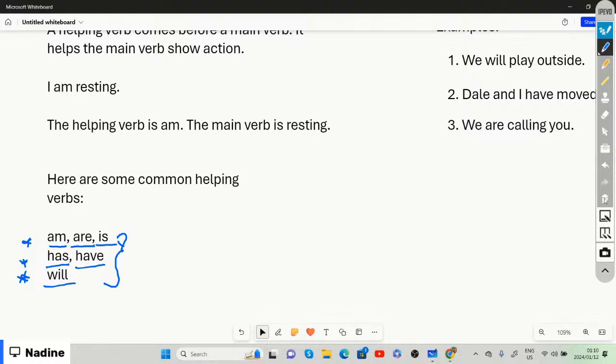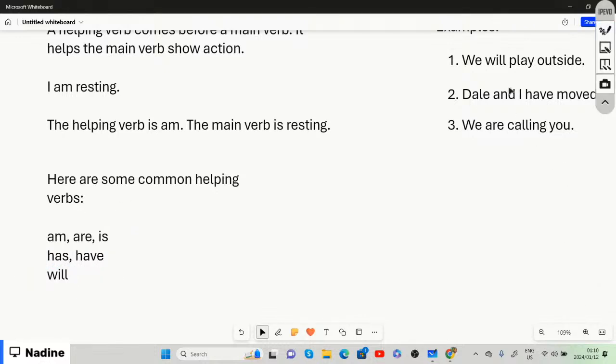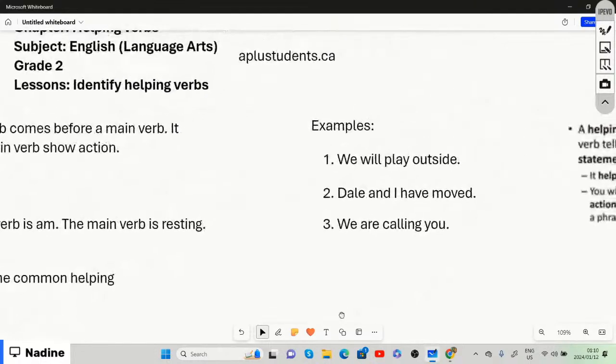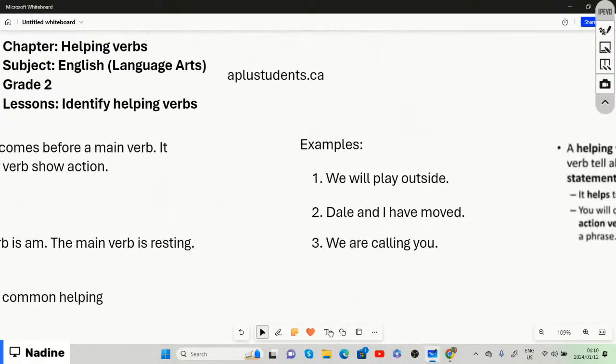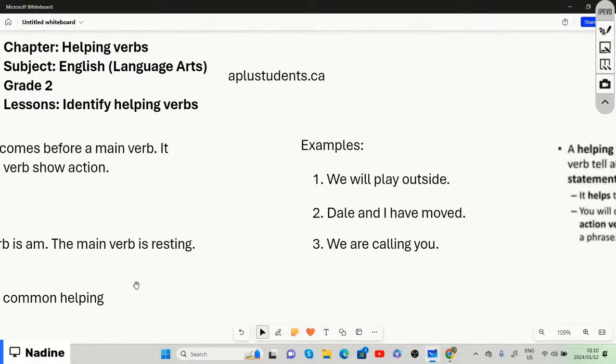All right, so now we're going to look at a few examples of sentences where we use the helping verbs. For example, we will play outside. If we look at sentence number one, we will play outside.